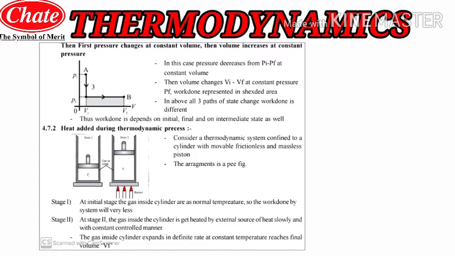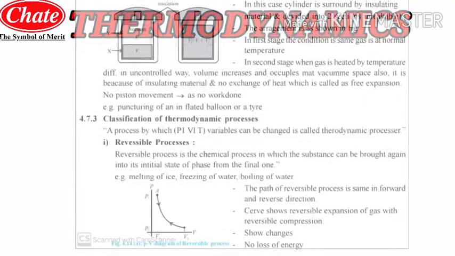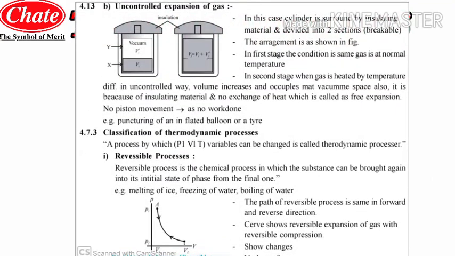Now we will move to the next part of the lecture. The next article we are going to learn is on your screen. The title is uncontrolled expansion of gas.